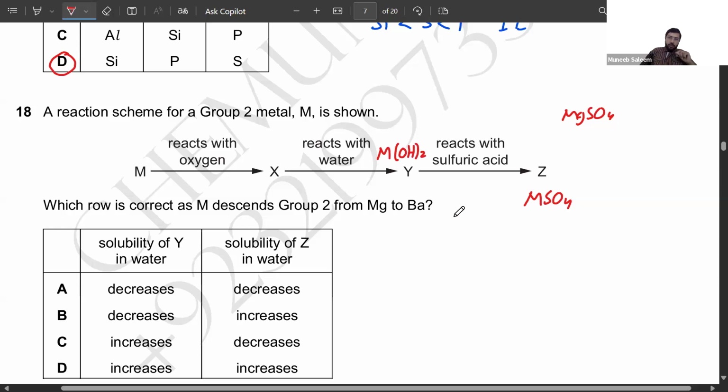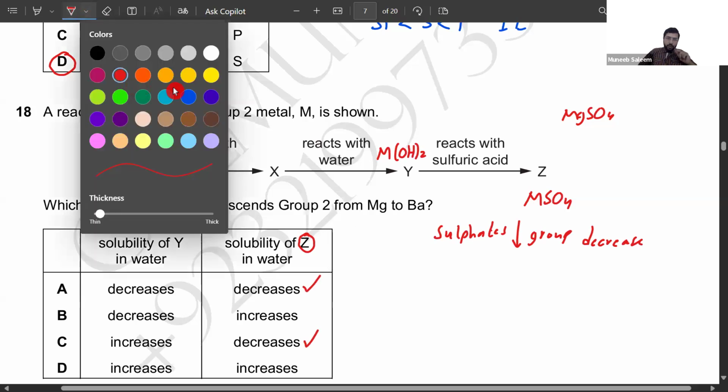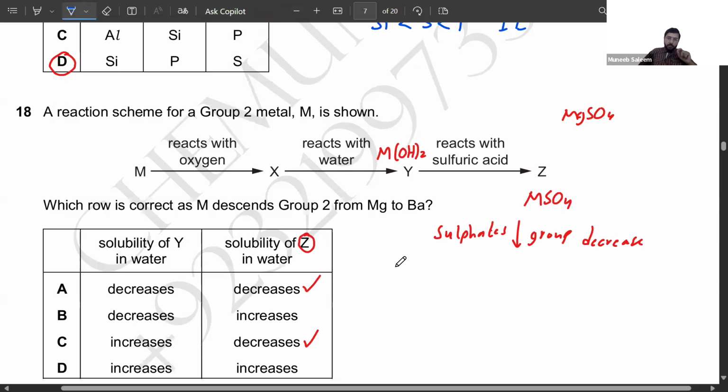hydroxide. So in terms of Z, which is a sulfate, we know that going down the group, the solubility of these sulfates decreases. And we know from the literature that solubility decreases because of the formation of sulfates on the surface of the metal, which decreases its reactivity.